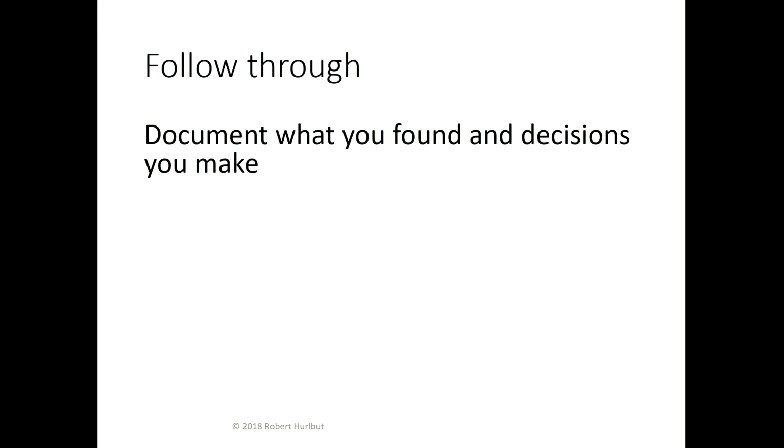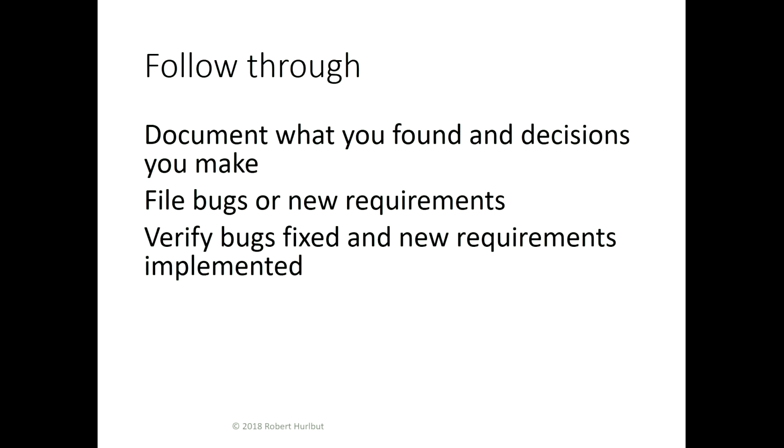Well, document what you found and file bugs or new requirements. That's the purpose and the point of threat modeling. It's to help you find those requirements, to help you find potential bugs or issues within your system so that you can address them and then verify they're fixed. Now, I want to ask you, when do you think you're done with threat modeling?